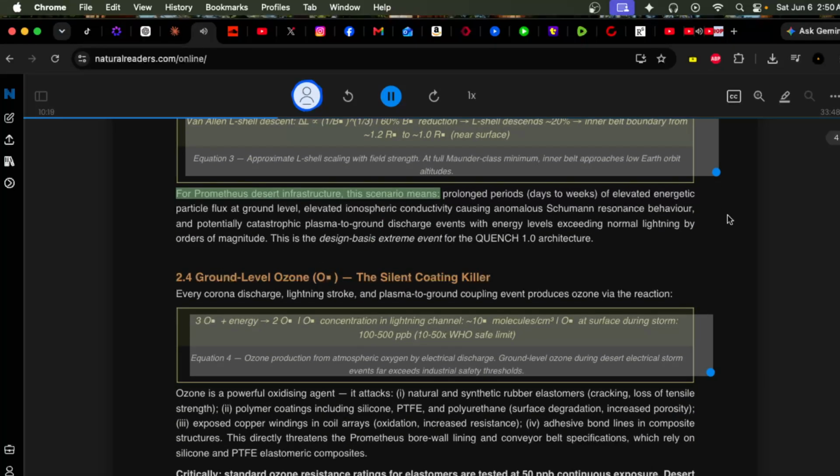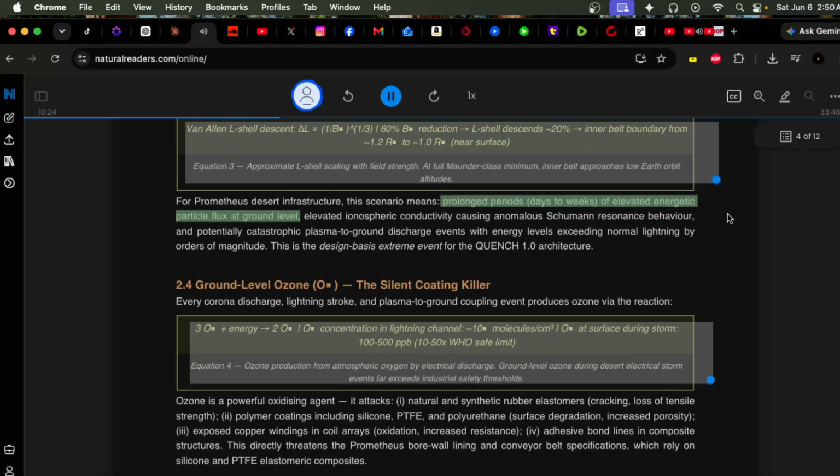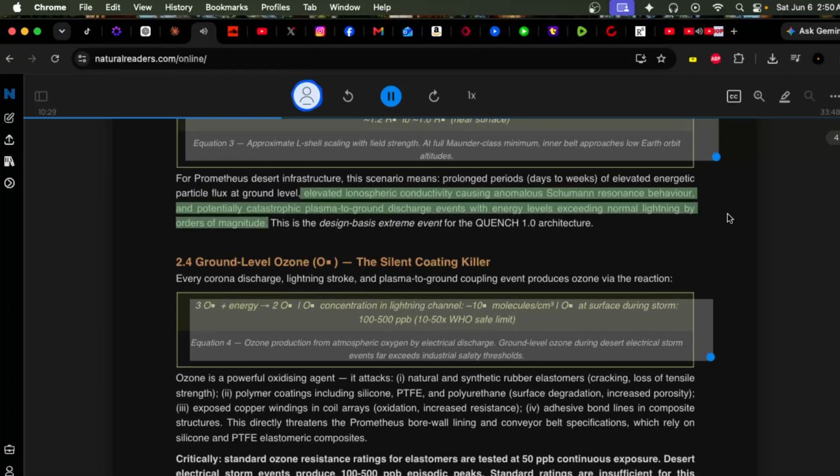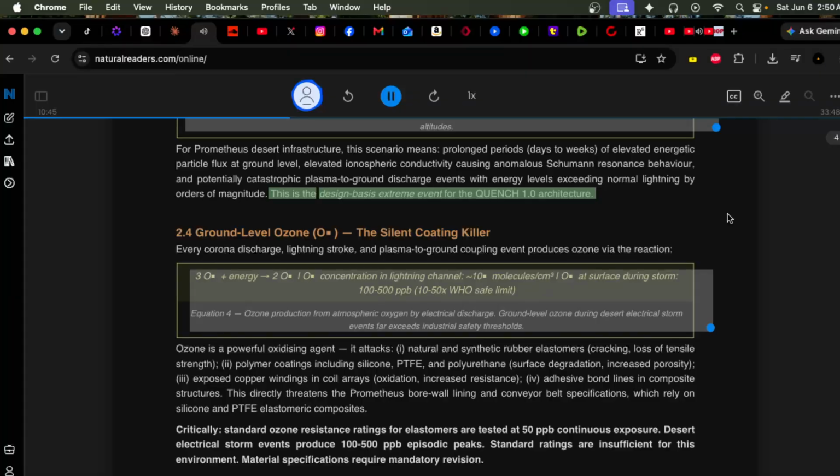For Prometheus desert infrastructure, this scenario means prolonged periods of elevated energetic particle flux at ground level, elevated ionospheric conductivity causing anomalous Schumann resonance behavior, and potentially catastrophic plasma-to-ground discharge events with energy levels exceeding normal lightning by orders of magnitude. This is the design basis extreme event for the QUENCH 1.0 architecture.